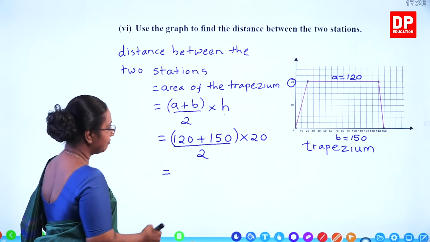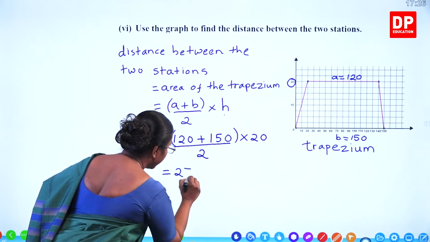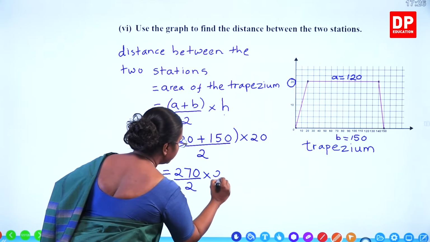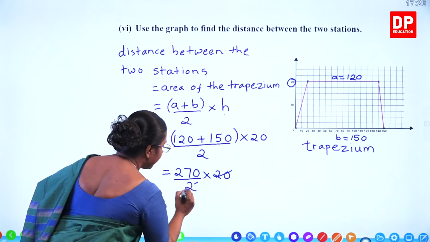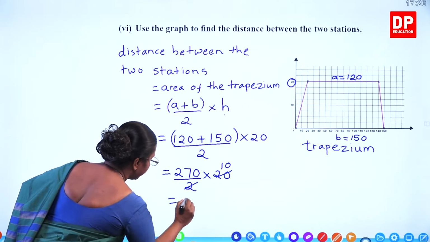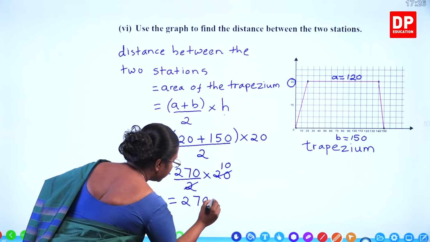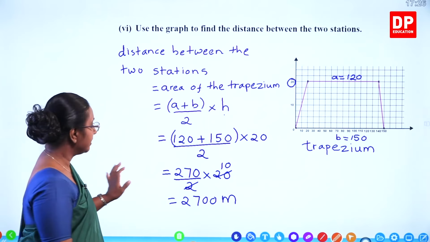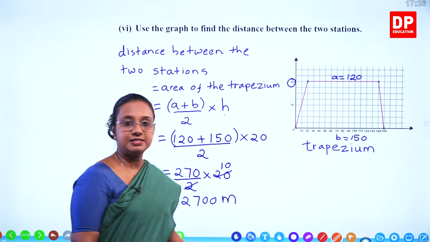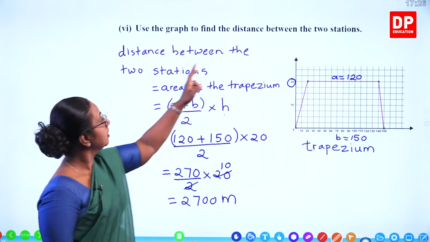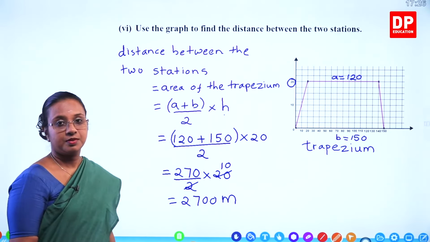120 plus 150, it's going to be 270 divided by 2 into 20. You can simplify these two. This will become 10. So it's going to be 2,700 meters. That is the total distance travelled by the train between the two stations.